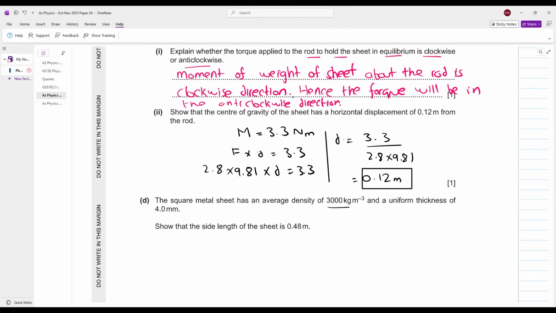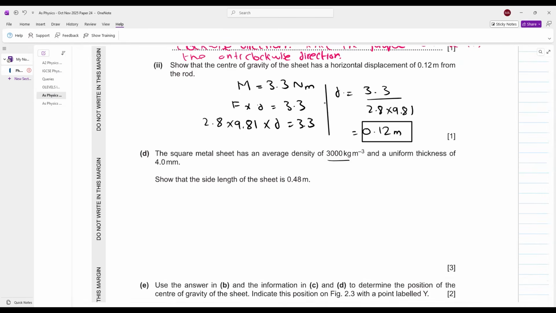The square sheet has an average density of 3000, uniform thickness of 4 millimeter. Show that the side length of the sheet is 0.48 meter. Okay, easy. You will say mass is equal to density into volume. बेटा mass क्या है 2.8, density क्या है 3000.